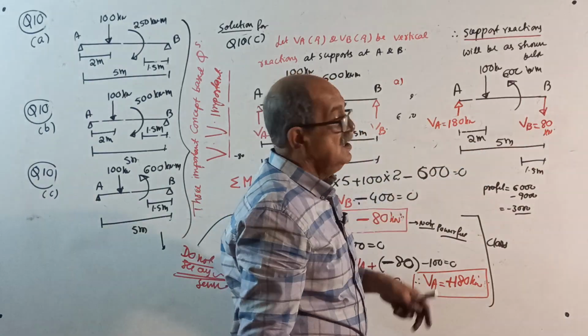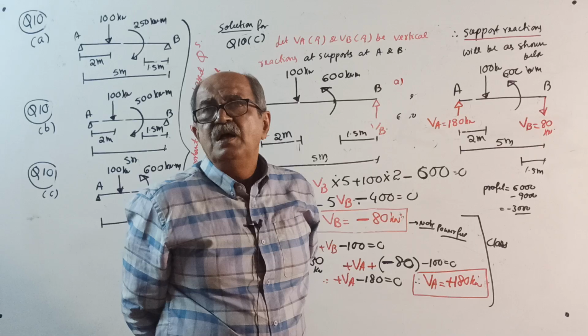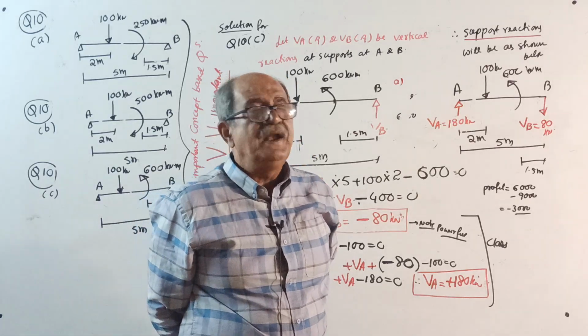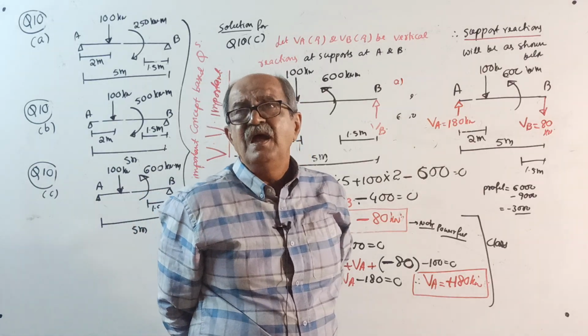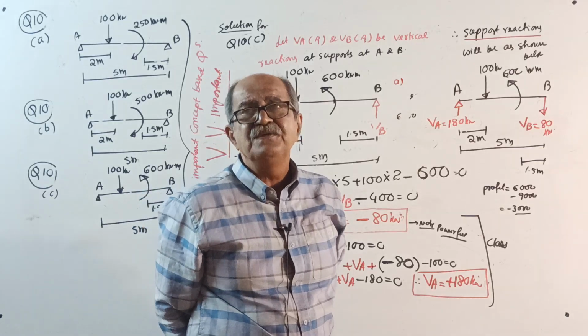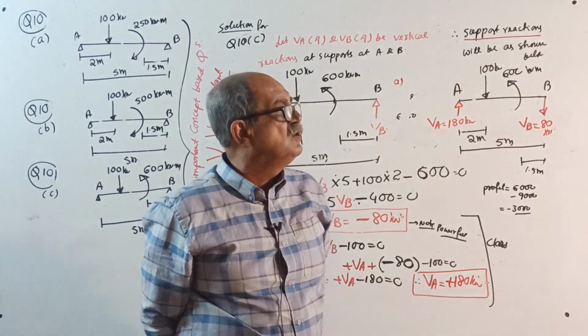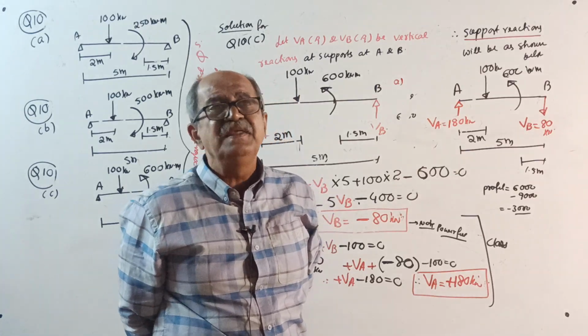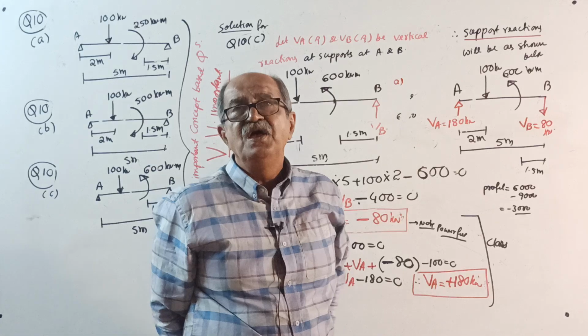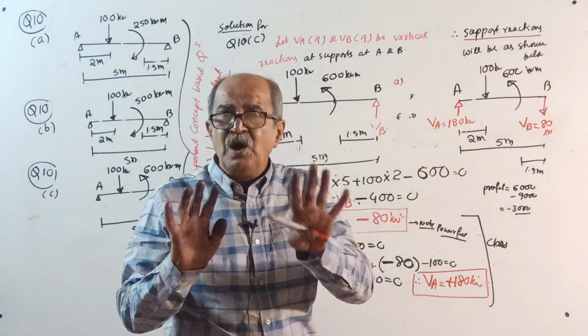I told you, if you get a payment of 6,000 rupees and the expenses are 9,000 rupees, when you calculate the profit, 6,000 minus 9,000 gives minus 3,000. Realize, minus 3,000 is the profit.